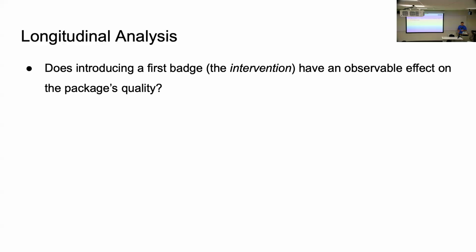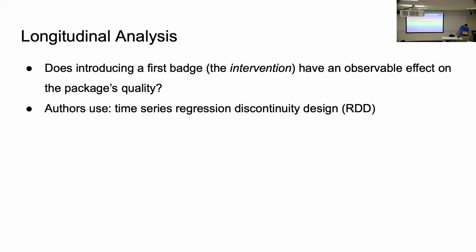So for the longitudinal analysis, basically what they're investigating is, does introducing a first badge into a project, which is called the intervention, does this have an observable effect on the package's quality? And intuitively, we think it would, right? And it kind of makes sense that if you add this badge, it might help others understand that, yes, we have this quality.